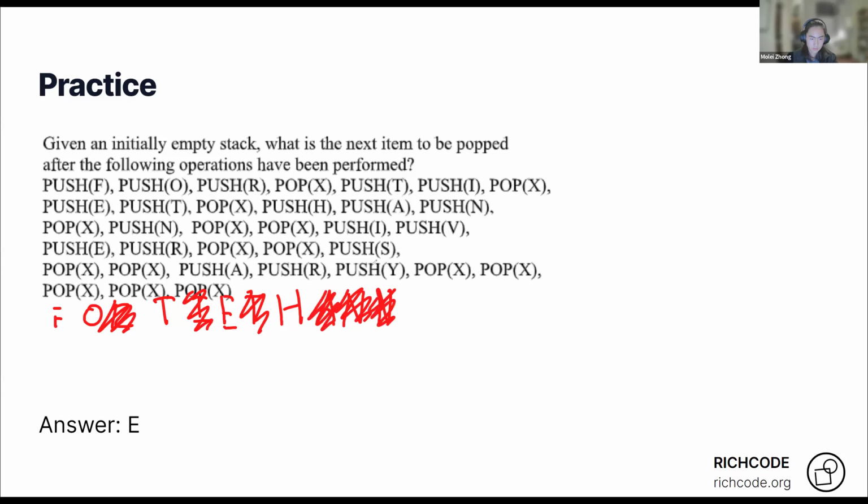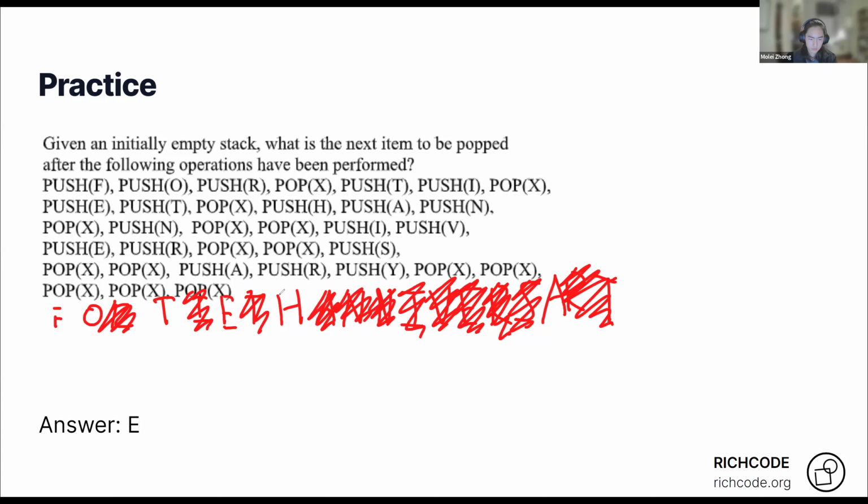So push I, push V, push E, push R, and then pop again, push S, and then pop twice. We push A, push R, push Y, pop twice again, and then we pop, oh yeah, pop 3 more times.